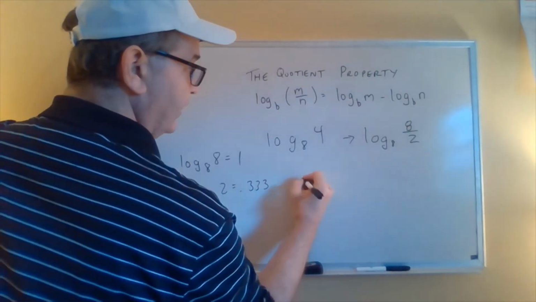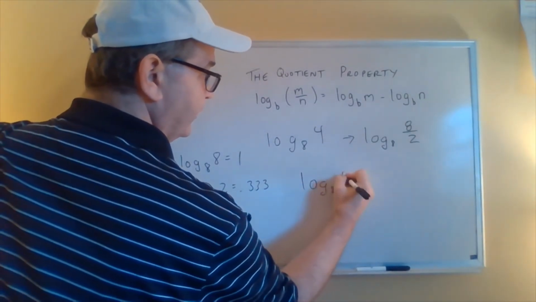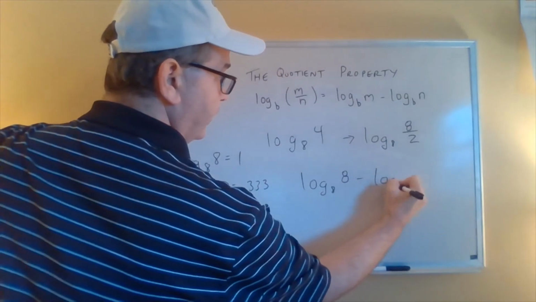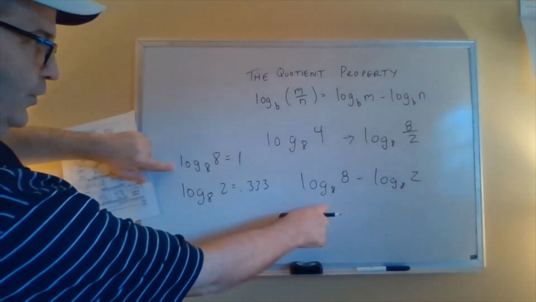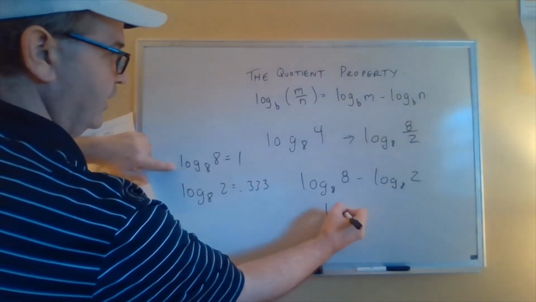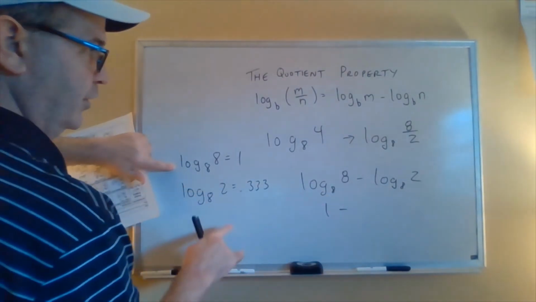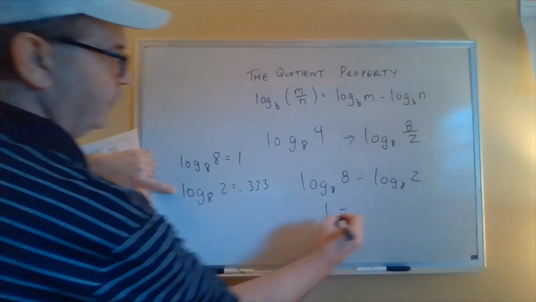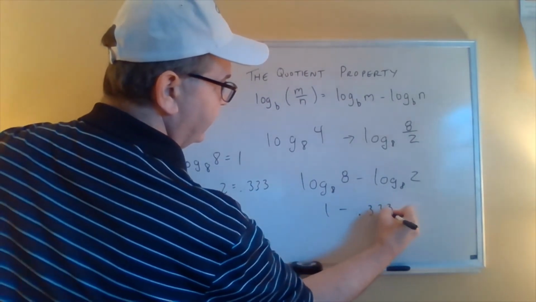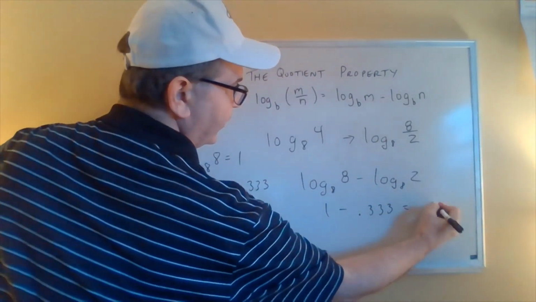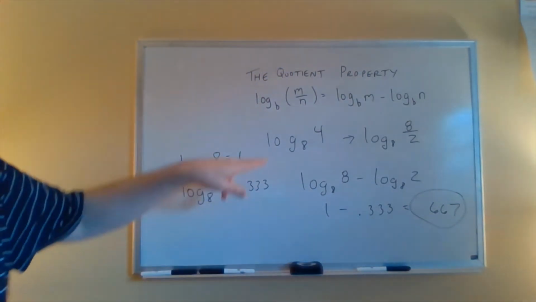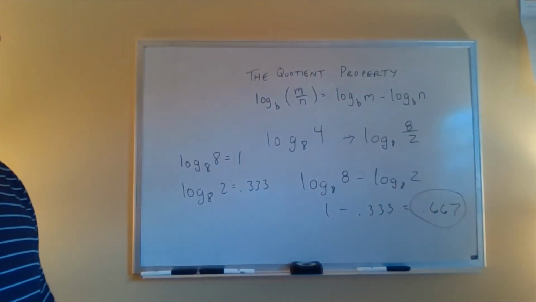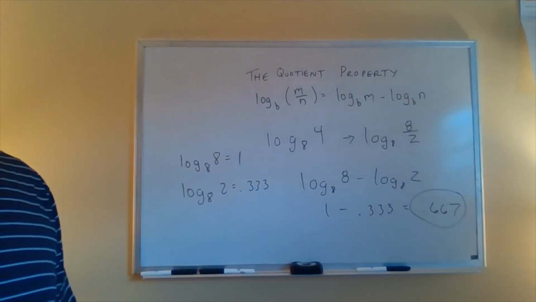And we can rewrite this as log base 8 of 8 minus log base 8 of 2. And here's where these numbers come into play. So log base 8 of 8 is equal to 1. We're going to subtract log base 8 of 2, which is equal to 0.333. Of course, that math comes out to 0.667. So there's our approximation of the log base 8 of 4 using the quotient property.